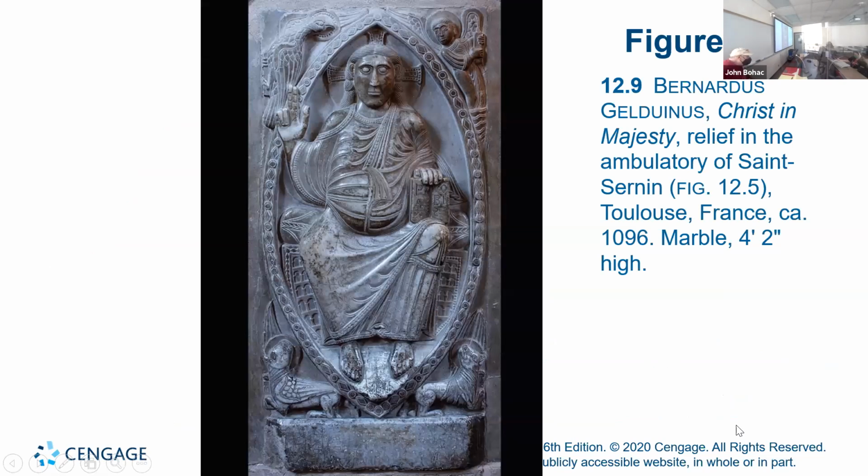And so what we start to see at this time too is that some of the artists involved in making the statues, the sculptures, the relief work, and eventually frescoes, we'll start to get to know their names. As a rule, that wasn't part of the identification of a work.